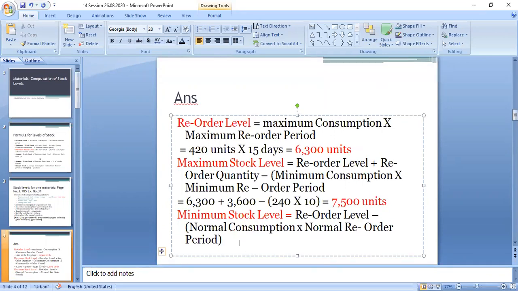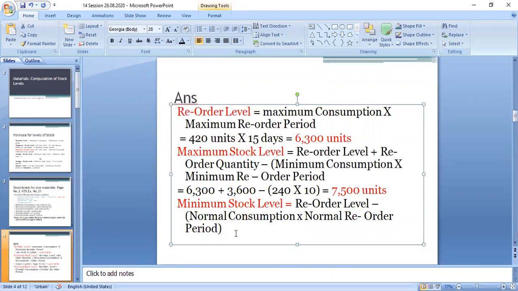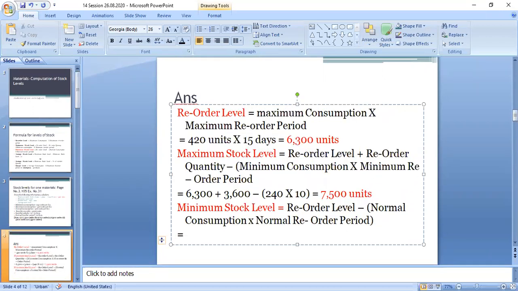Right. Now what is the reorder level? You already know that amount is 6,300. So subtract. What is the normal consumption? Normal consumption is given as 300 units.